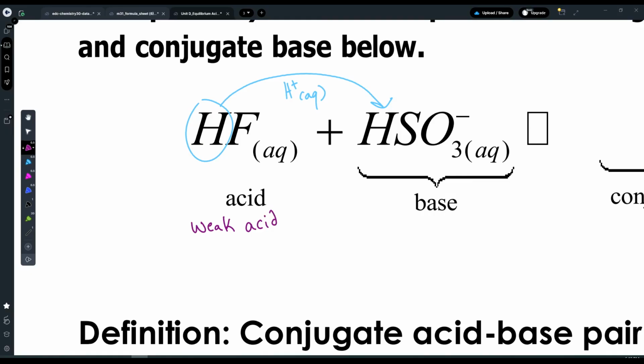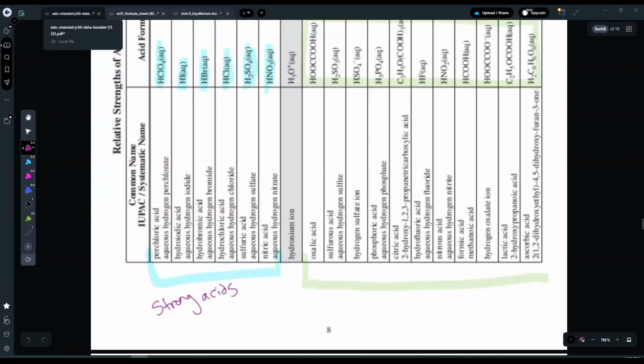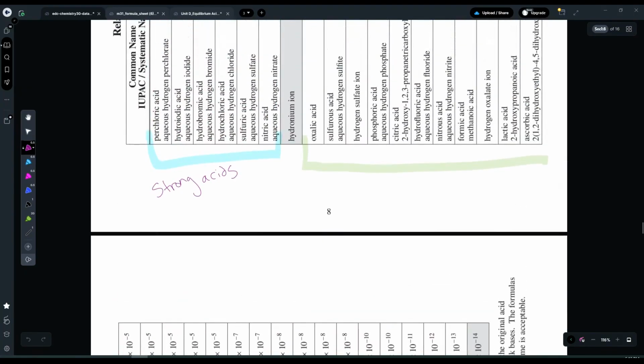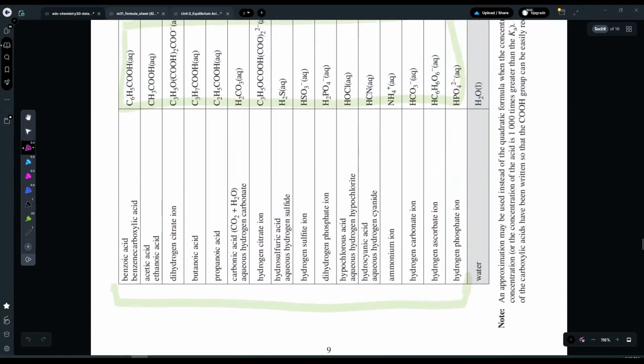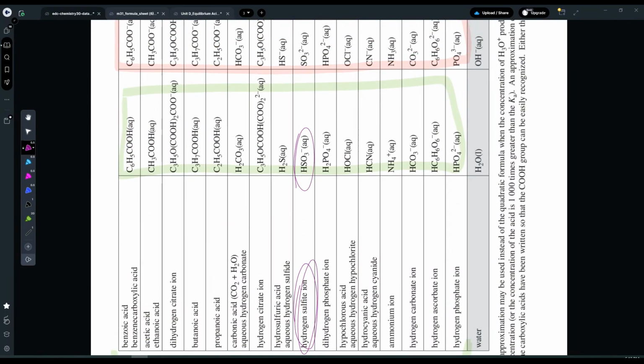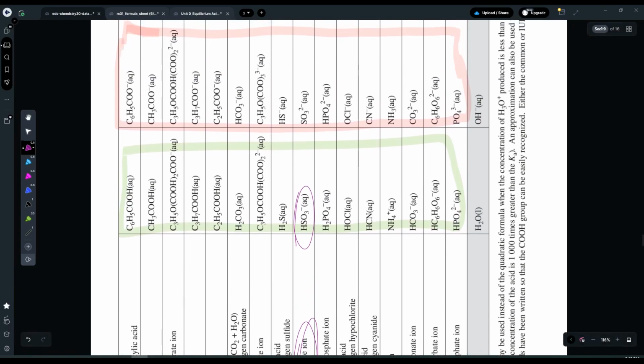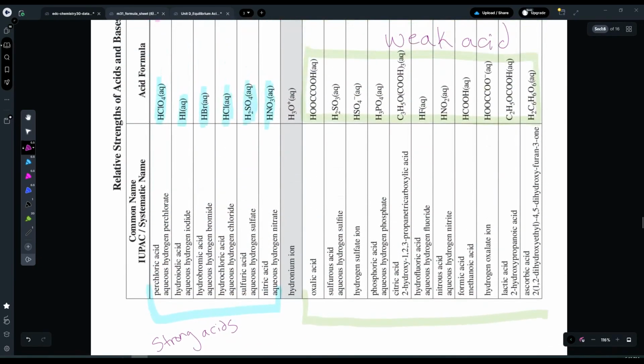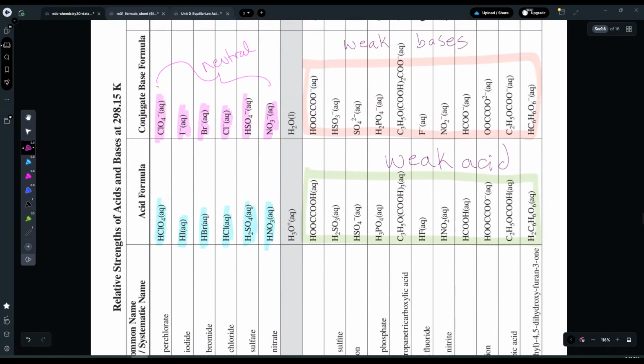And for the hydrogen sulfite ion, if we go back, so we found that right here, and we found it in our acid column. But the interesting thing about hydrogen sulfite is you can find it both in the acid column as well as the base column.